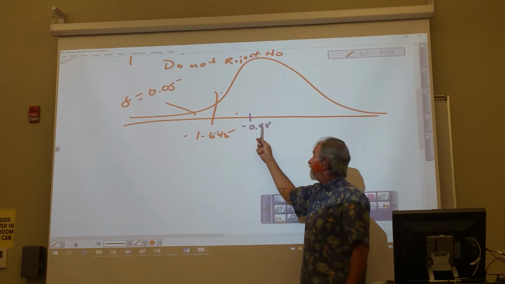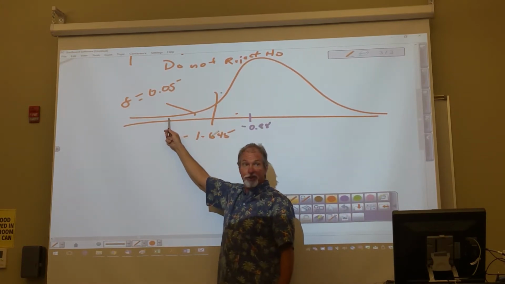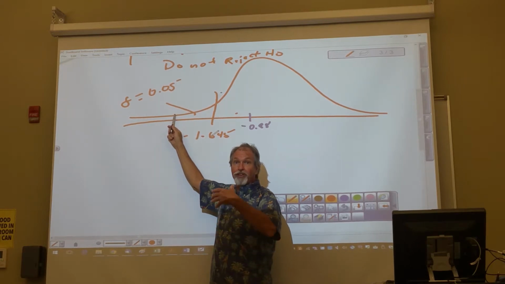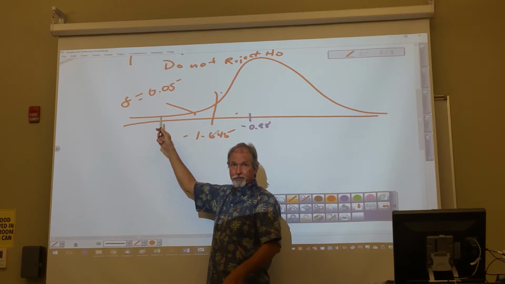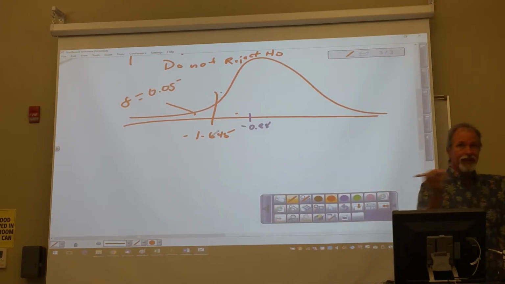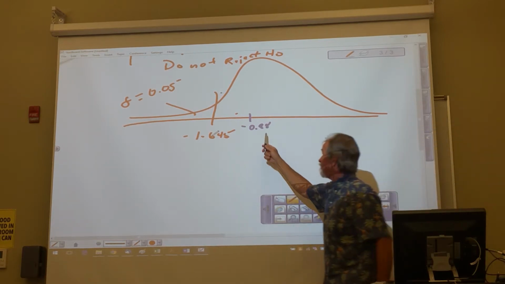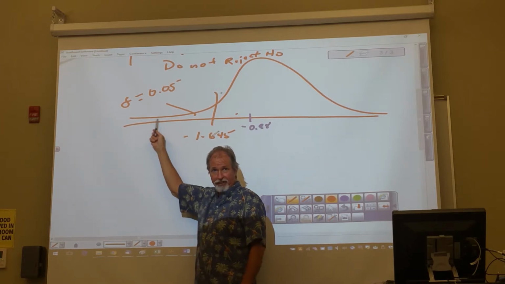The farther out I go, the smaller my p-value is compared to alpha. So if I have a small p-value, that means my calculated test statistic is out here.